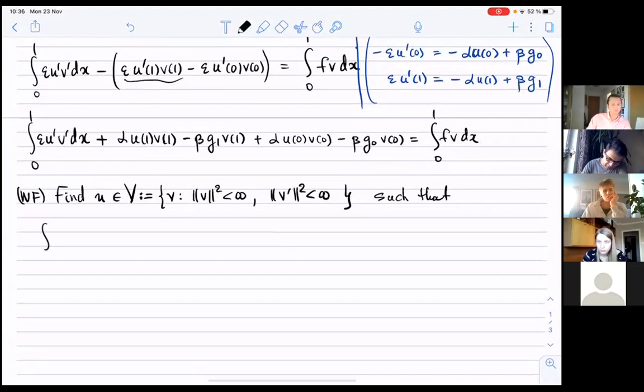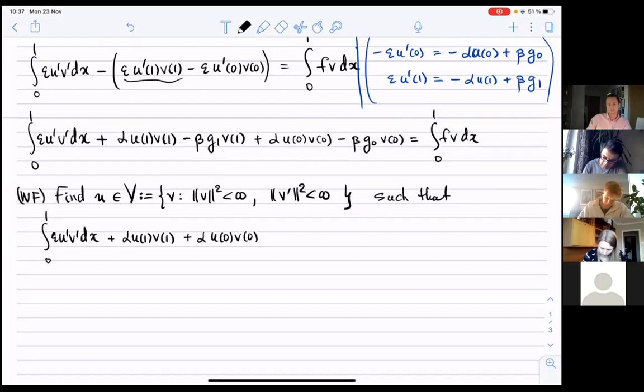So the integral from 0 to 1 of epsilon u prime v prime dx plus alpha u1 v1 plus alpha u0 v0 equals the integral from 0 to 1 of f v dx plus beta g1 v1.